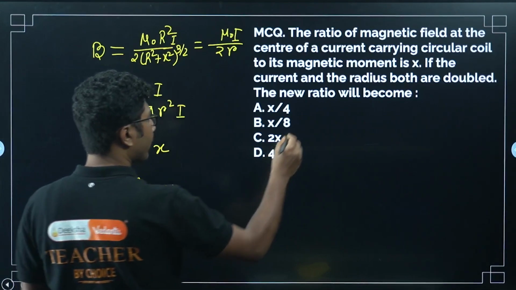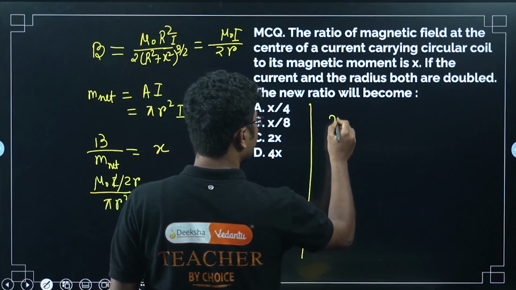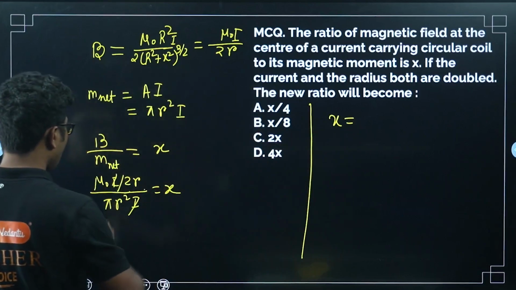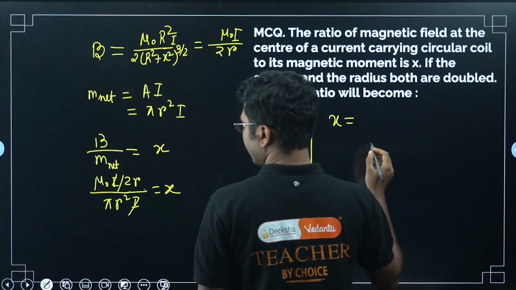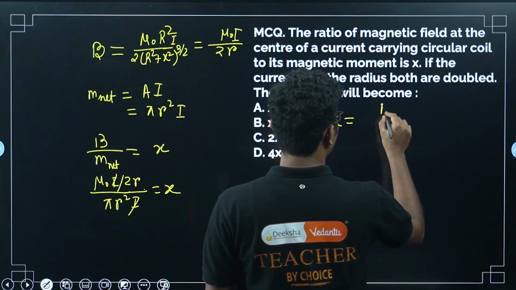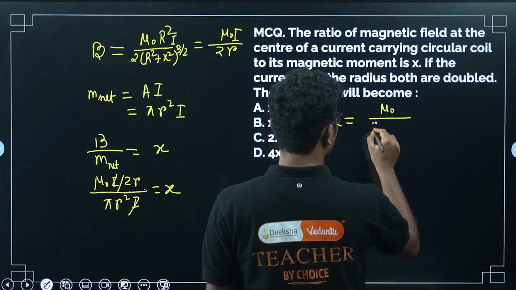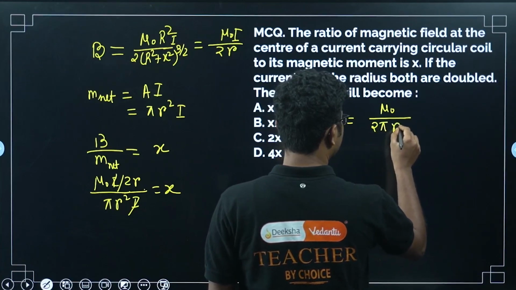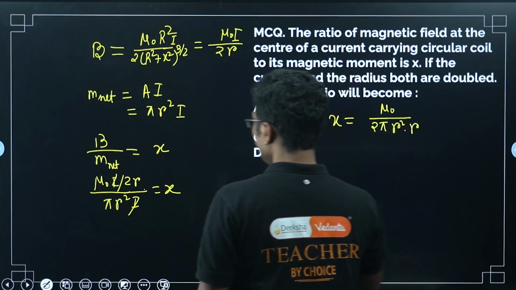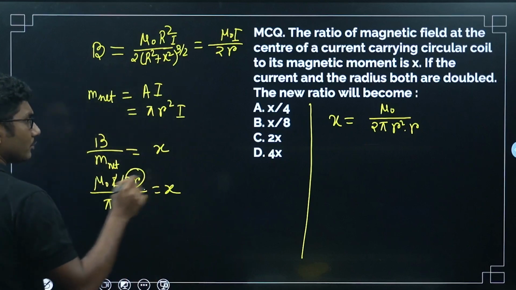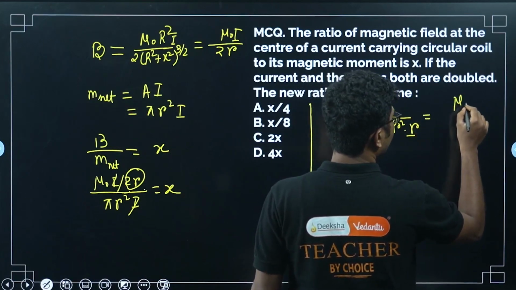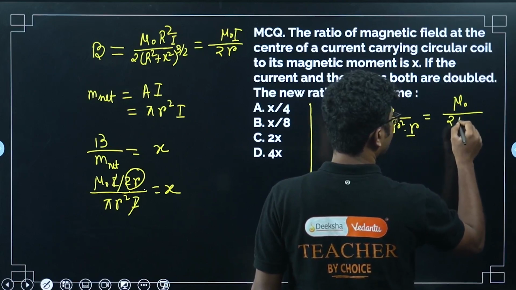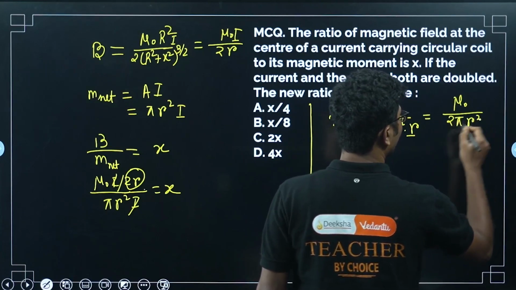So the value of x we can write as mu naught by 2 pi r square times another r. So this 2r will come down, and it will become mu naught by 2 pi r cube, right?